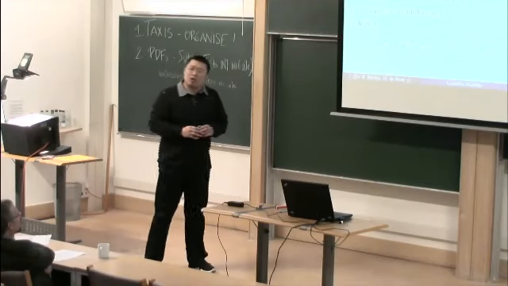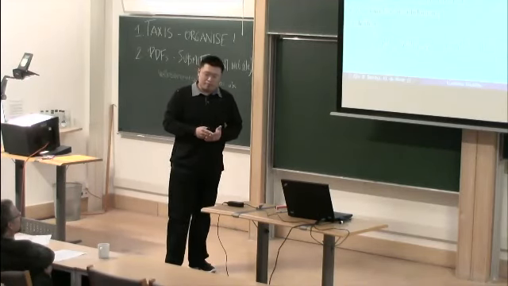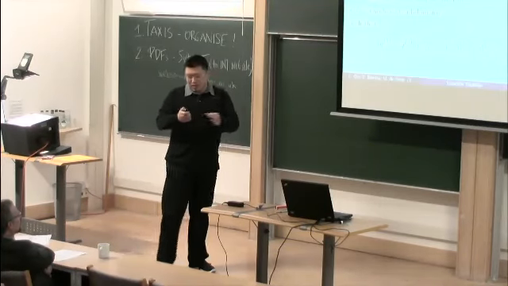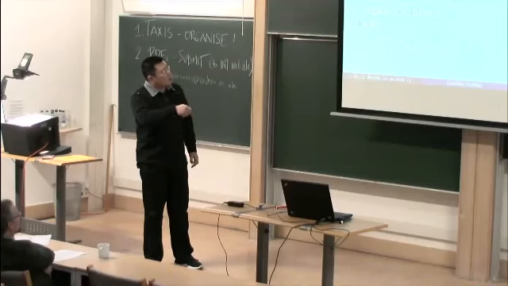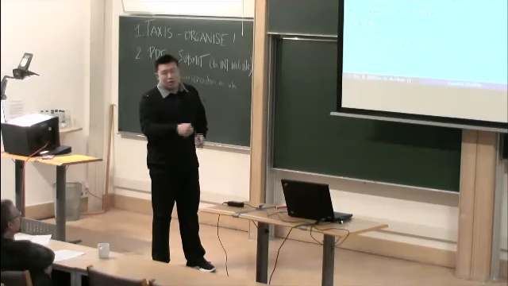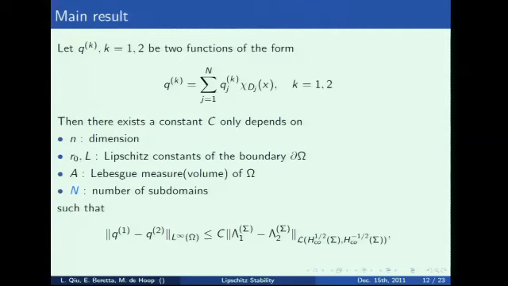For example, if you want to get higher resolution, you want to divide your domain into smaller pieces, then this N will increase. I want to highlight this N because I will show later how this constant depends on N.